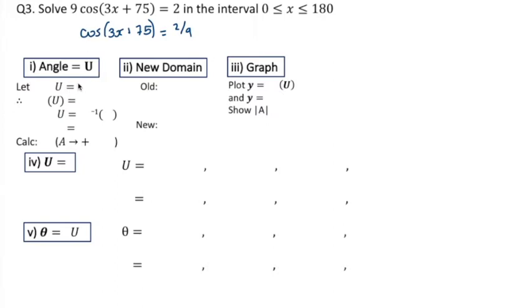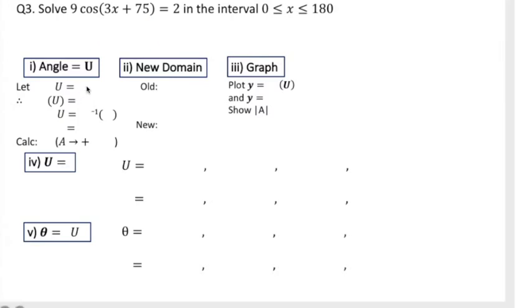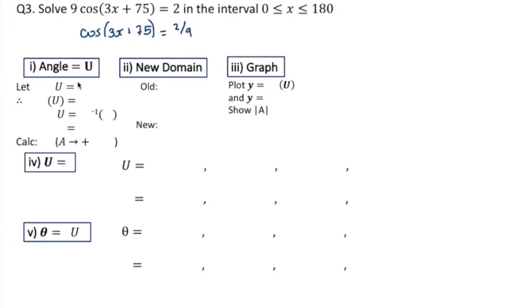So the first step is to let U equal that angle. So that horrible looking angle, we can let it equal 3x plus 75. That means cos of U is equal to 2 over 9.